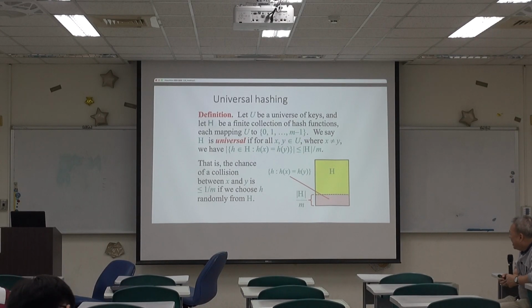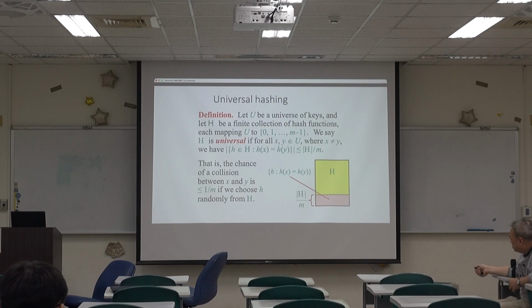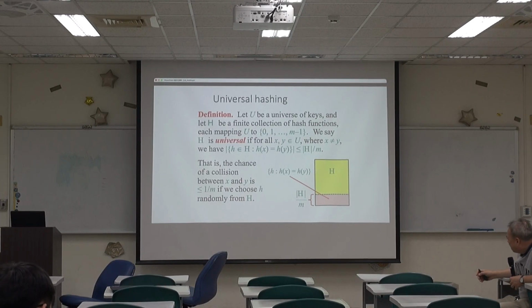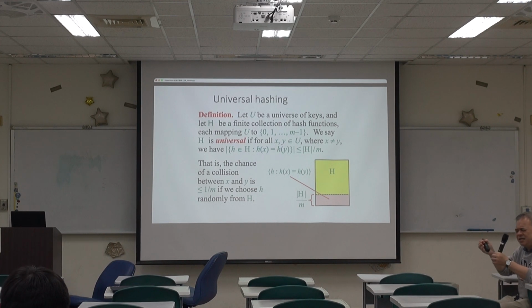We say H is universal if for all pairs x and y, any choice of different keys, the number of hash functions h in H such that h(x) equals h(y) is smaller than or equal to the size of H divided by n.